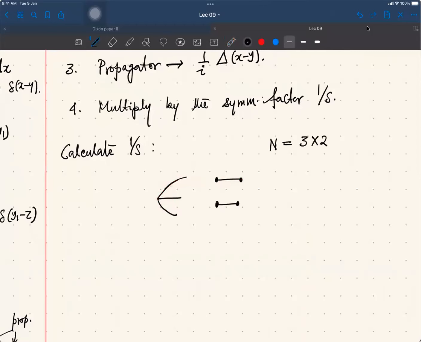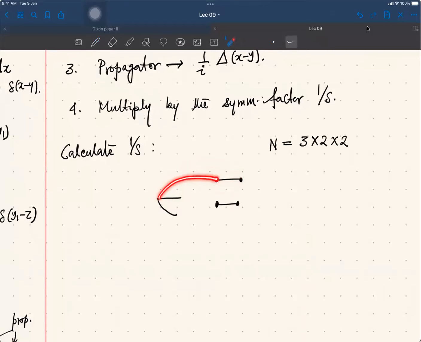Once it has chosen the link on which to act, you then have to choose which dot to act on, because it will act only on one dot and the other dot will remain free. That it can act on like this or like this. So that gives you another two possibilities. So that way you have now exhausted the possibilities for this.